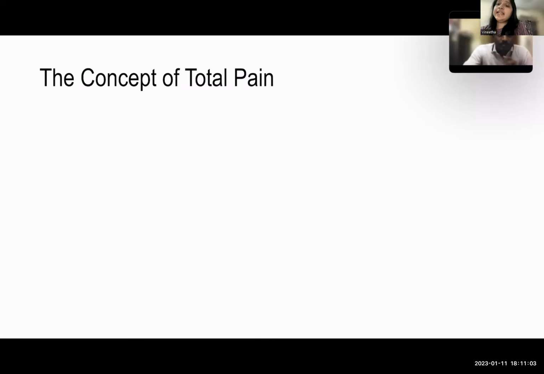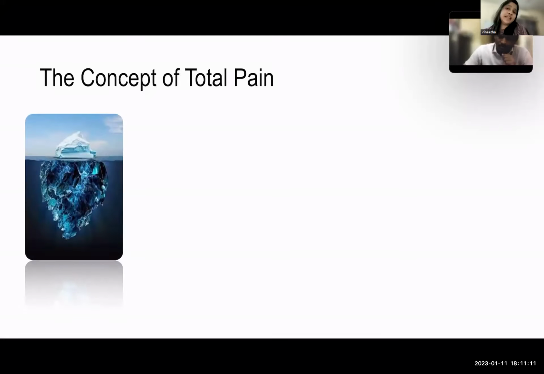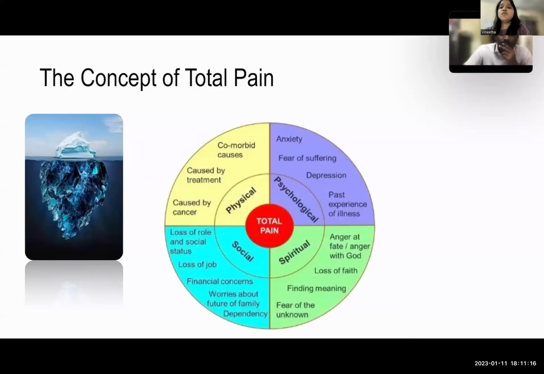So basically, total pain means that if you are looking only at the physical component of pain, you are just dealing with the tip of the iceberg. When you look at the patient's total pain experience, it has a physical component, a psychological component, a spiritual component, and a social component. These 4 domains you also have to take into account.